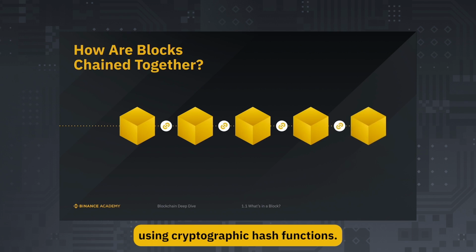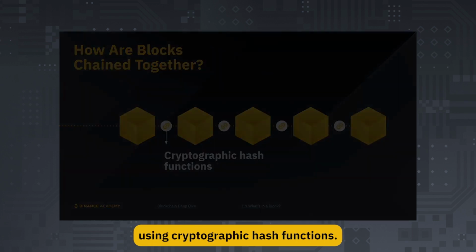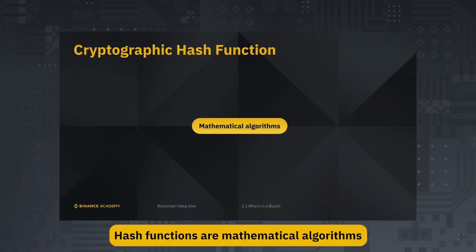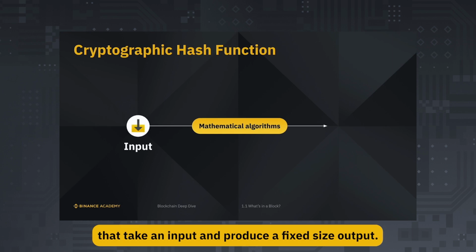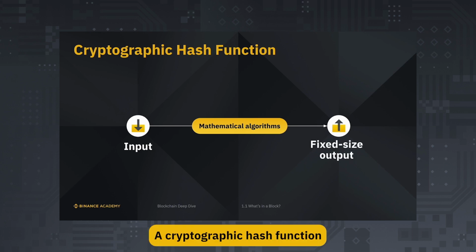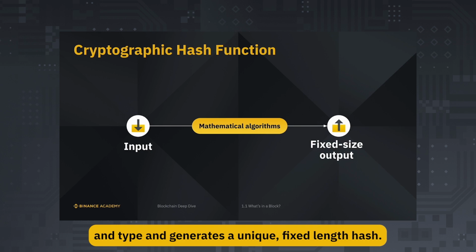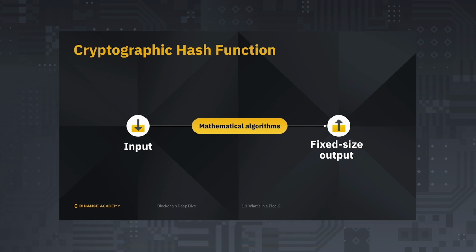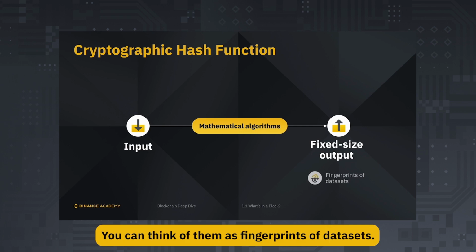Blocks are chained together using cryptographic hash functions. Hash functions are mathematical algorithms that take an input and produce a fixed-size output. A cryptographic hash function can process input data of any size and type and generates a unique, fixed-length hash. You can think of them as fingerprints of datasets.